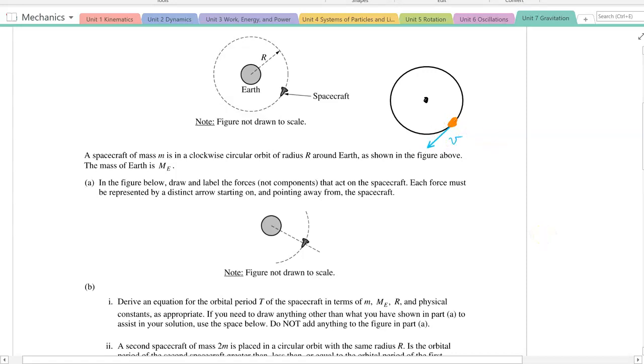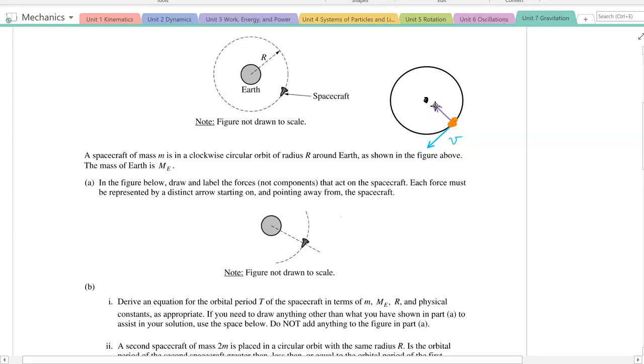But if we were to only talk about the velocity, then it's only going to be traveling this way. It's not going to travel in a circular motion. So there must be something supplying that change in direction for velocity that makes it go around the circle. And that is something called centripetal acceleration.